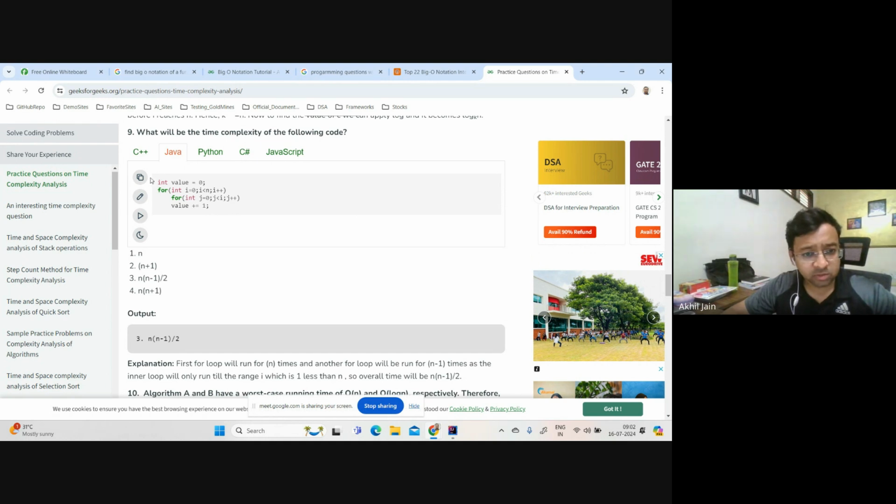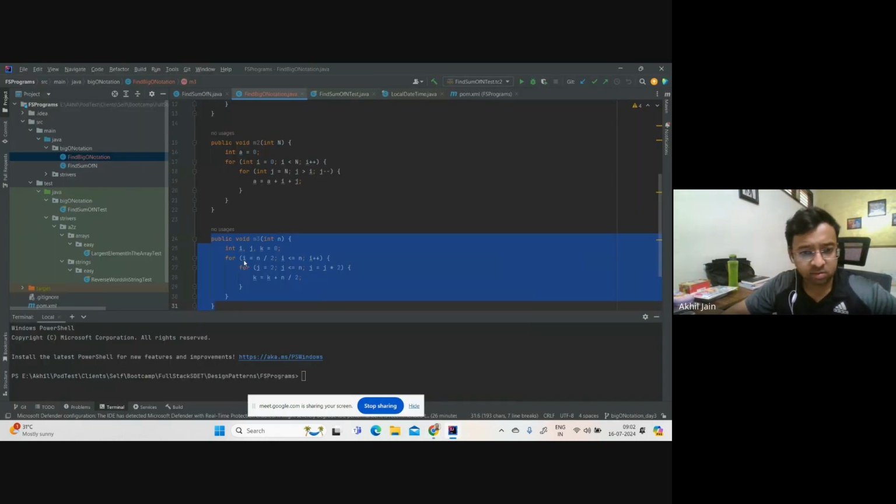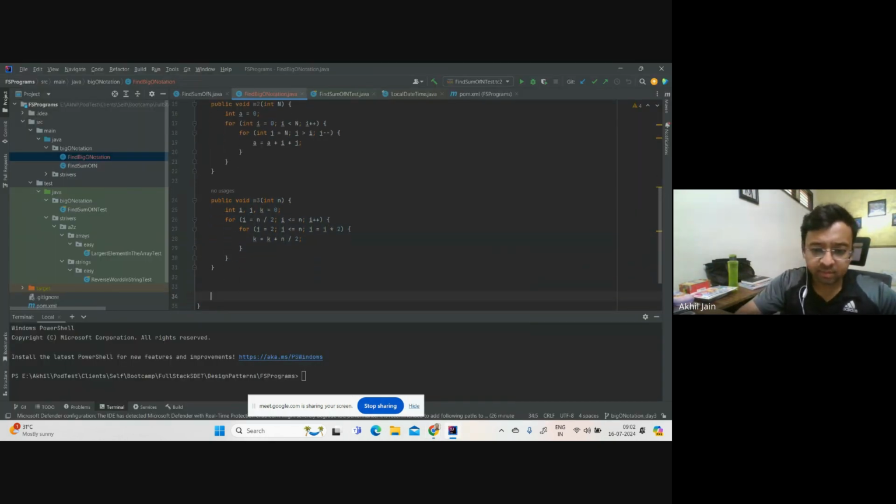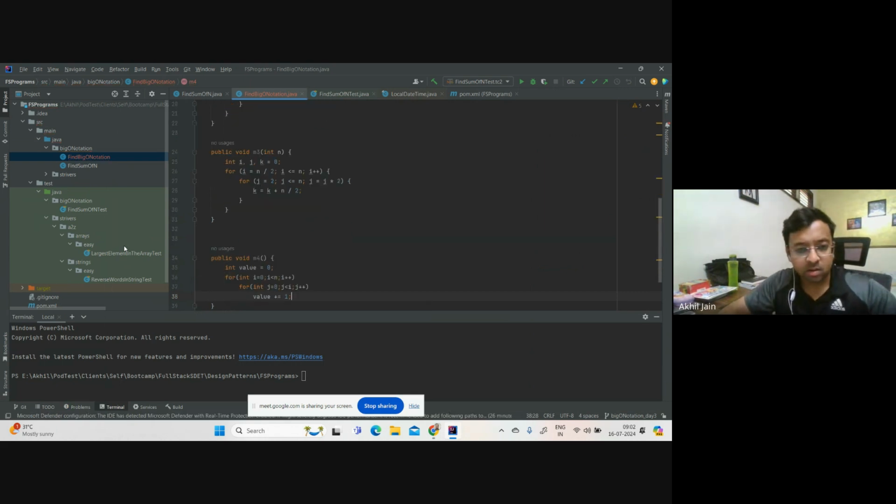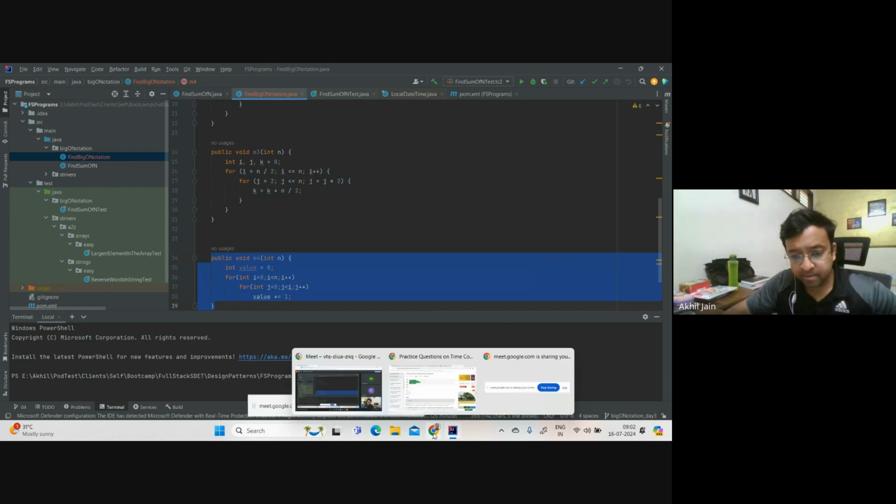What will be the time complexity of the following code? Let's grab this and talk about this thing. public void m4, and it would be int n.